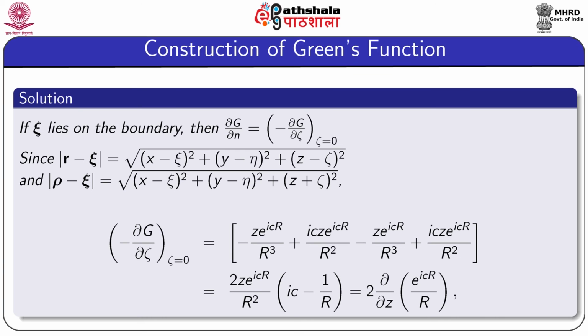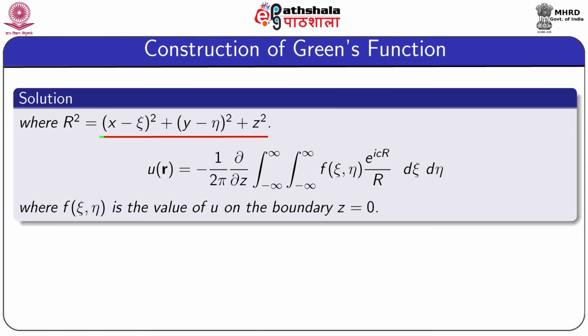It is very easy to compute, and after simplification you can get the value of this expression as 2 into del del z of e to the power icR by capital R, where we have assumed capital R square as x minus xi square plus y minus eta square plus z square.